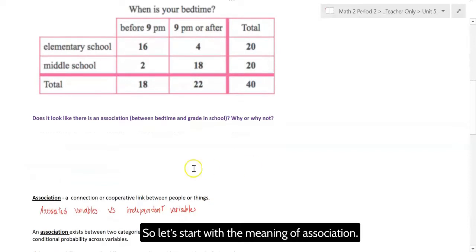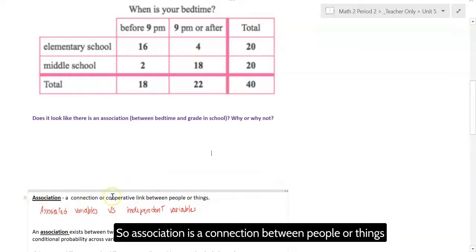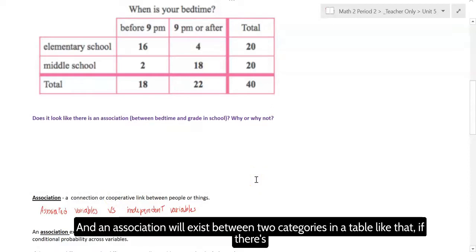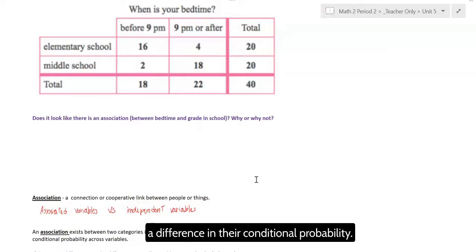So let's start with the meaning of association. Association is a connection between people or things. And an association will exist between two categories in a table like that if there's a difference in their conditional probability.